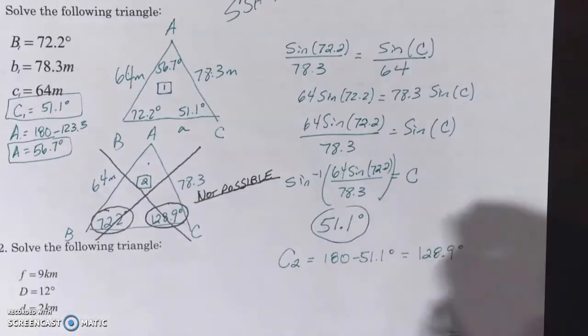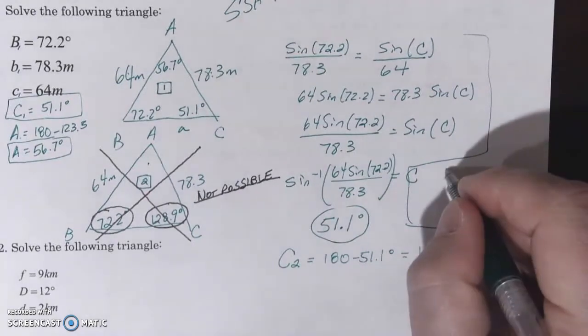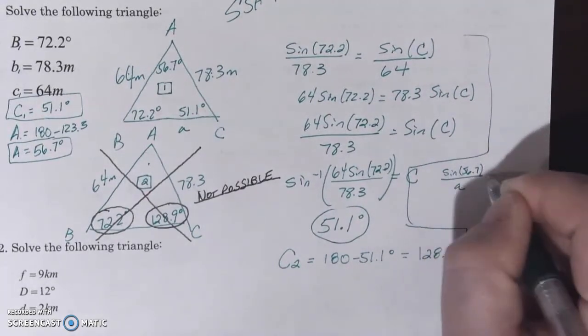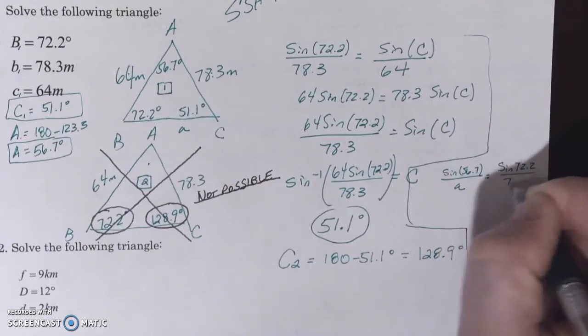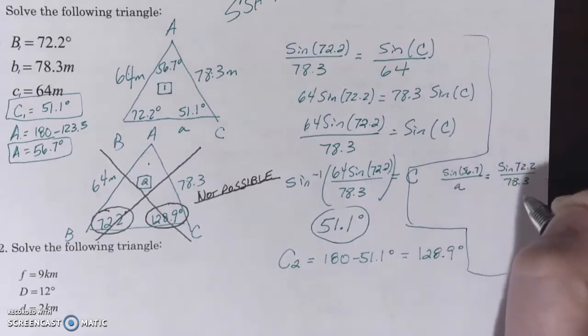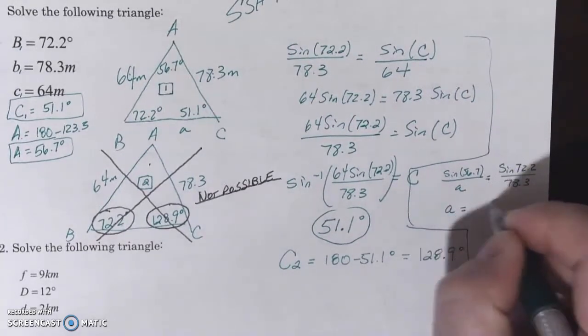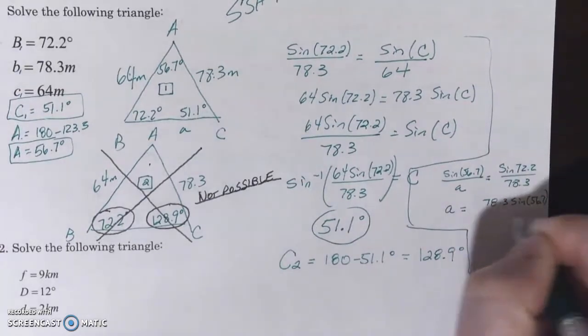So let's set up, we're going to go right over here to do that. Let me give ourselves some room. We're going to go sine of 56.7 over little a equals sine of 72.2 over 78.3. Remember, we're using those because those were the non-rounded given values. So we cross multiply and divide. We'll get 78.3 sine of 56.7 all over sine of 72.2.